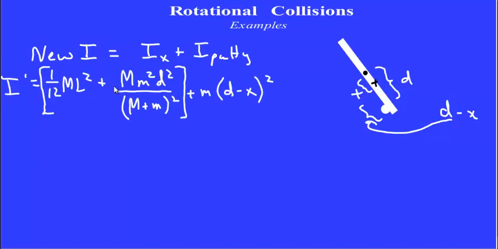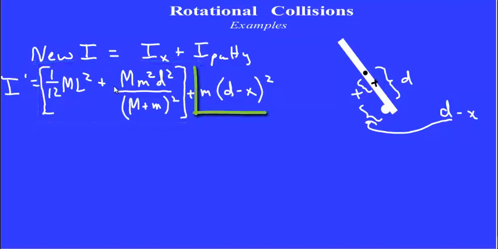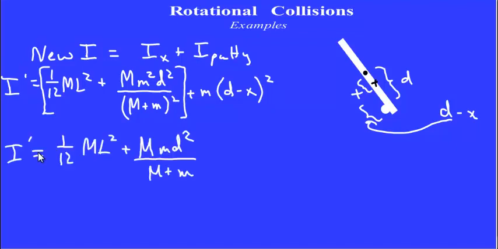In the brackets you see the moment of inertia of the rod from the previous screen. Next to it you see the moment of inertia of the ball of putty, which we're treating as a point mass. Remember that the moment of inertia of a point mass is just mr squared, where r in this case is d minus x. Now we just need to algebraically combine all of that. You see the solution for the new moment of inertia of the rod putty ball system.